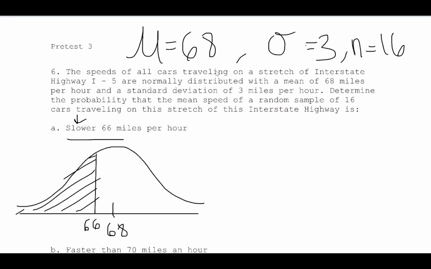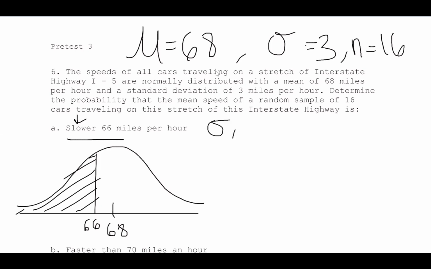Since we want to find the probability of these 16 cars to be slower than 66 miles per hour, we first have to adjust our sigma. The sigma equal to 3 is if we're randomly selecting one car. But if we're randomly selecting 16 cars, we have to adjust the standard deviation.